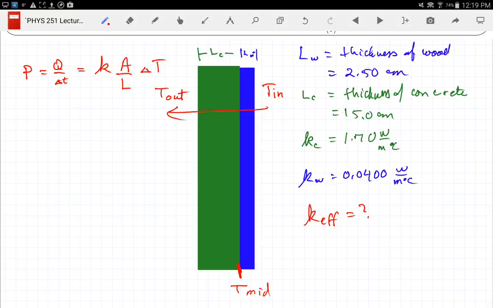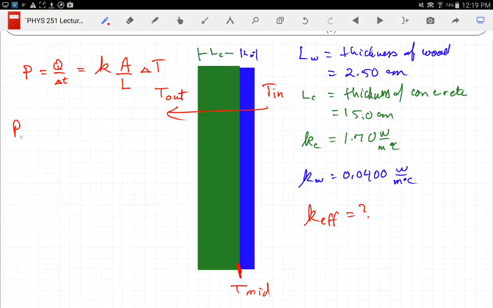So we have the power is going to be the same going into this side as leaving this side, which means it has to be the same going through my wood as it is going through the concrete. So I can write three different power equations. The power, of course, is the heat per time.